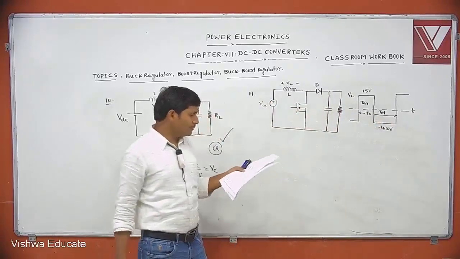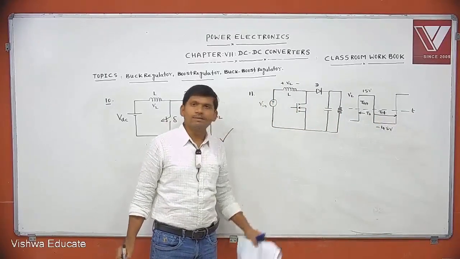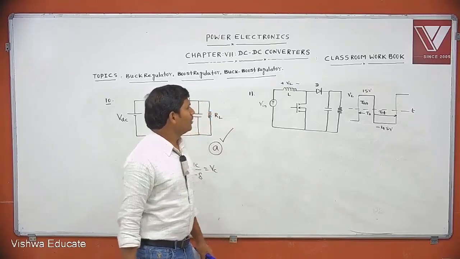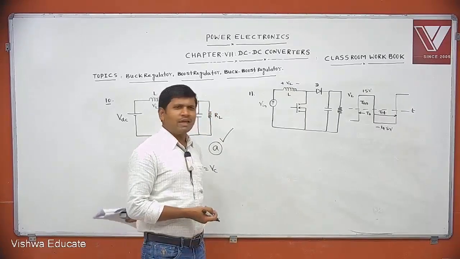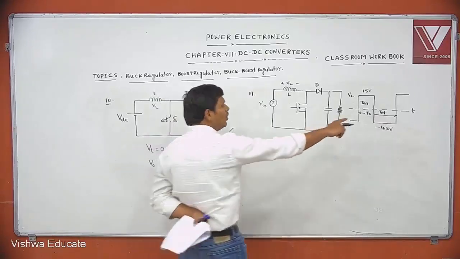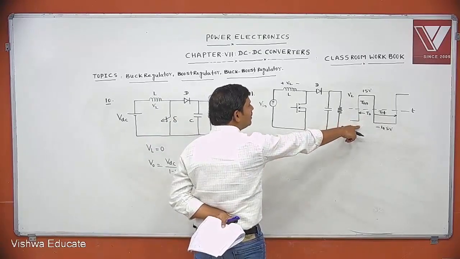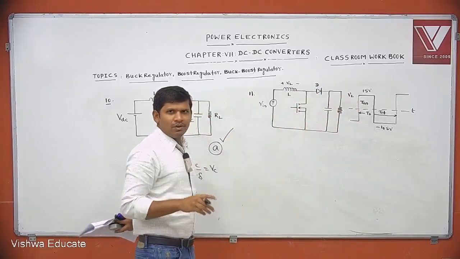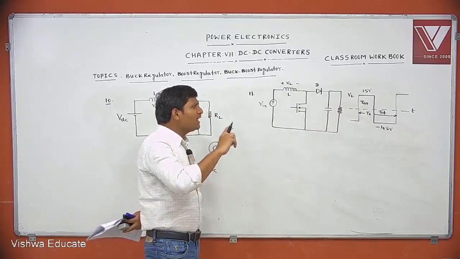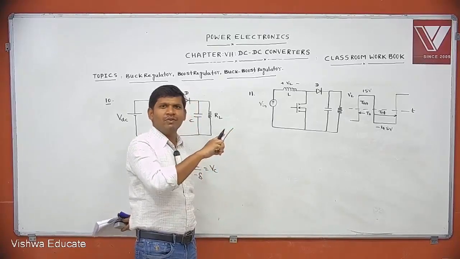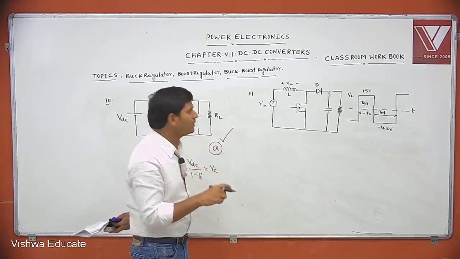Then you find what is the duty cycle of S. Here, because the voltage across the inductor is given, from that data you calculate the duty cycle. During on state and off state is given. From the circuit you write the KVL equations for during on state and off state.